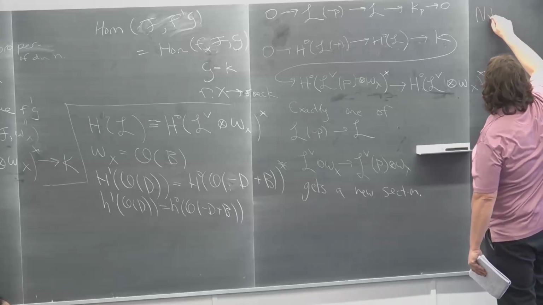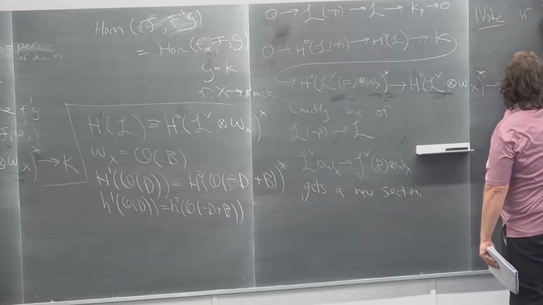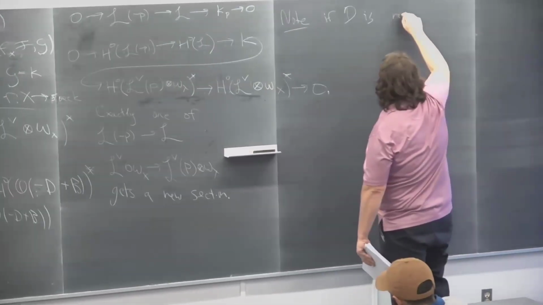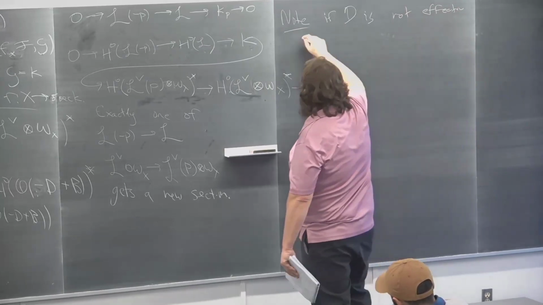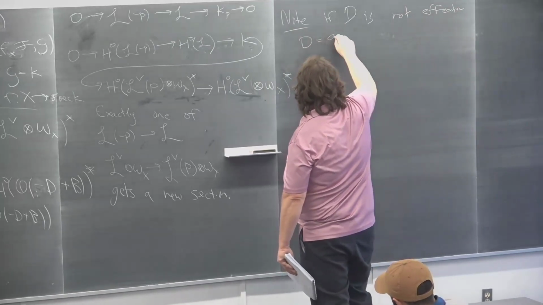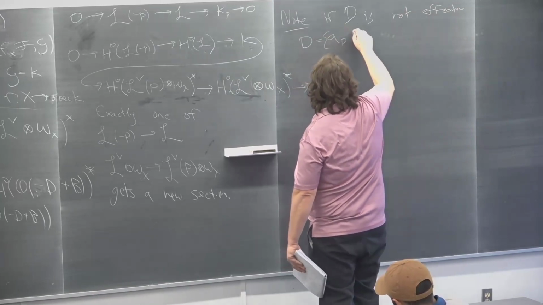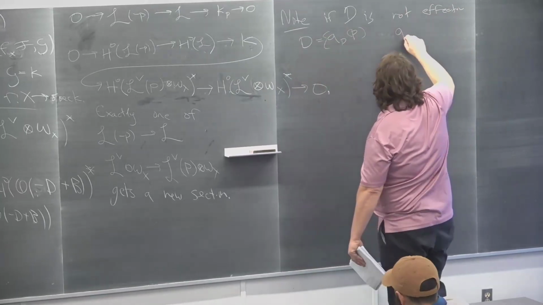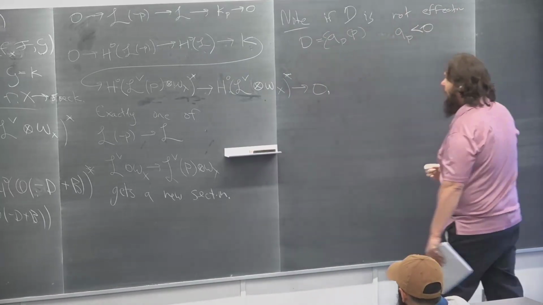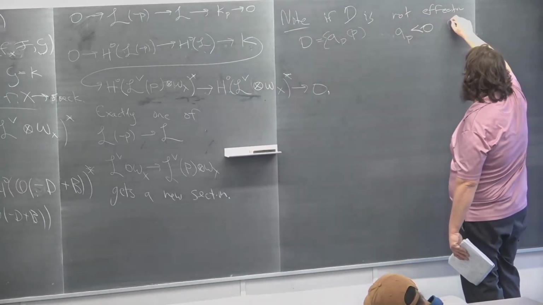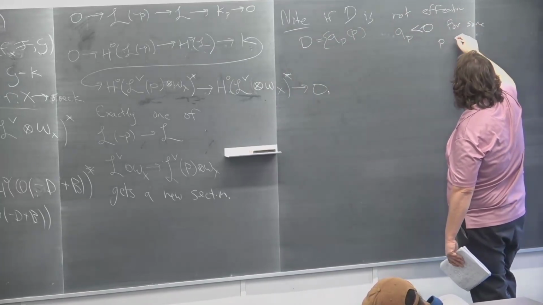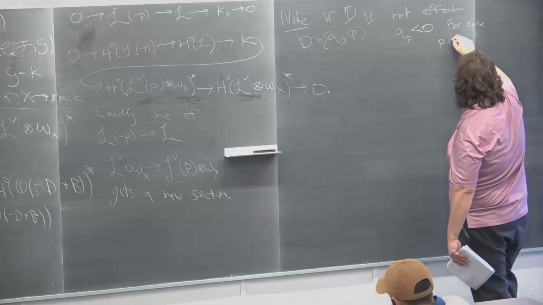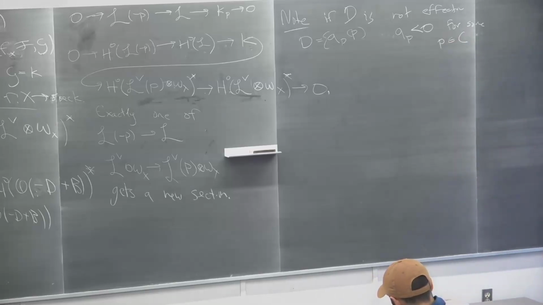So note, if D is not effective, which means that when I write D as this sum of points, the coefficient of one of the points is negative. What does that mean?